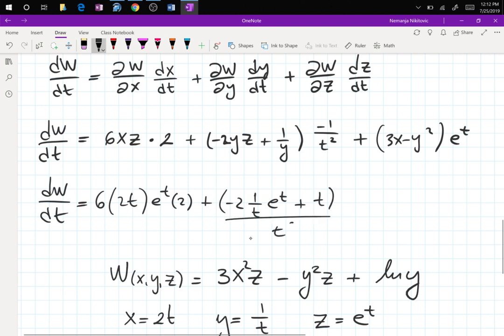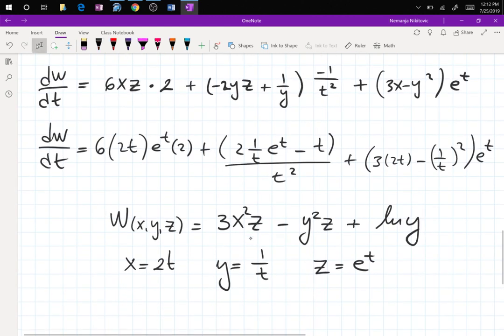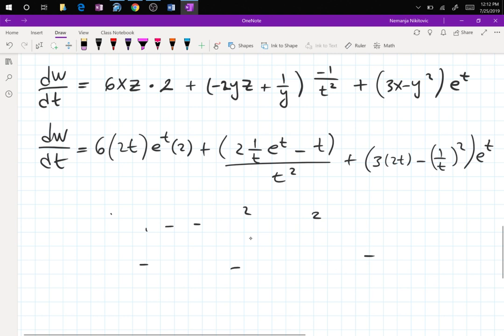Everything divided by t squared, and it's a negative in front. Actually, negative can just kill the negative there and change this into a minus. That's good. And then plus 3 times x is 2t minus y squared, which is 1 over t squared, times e to the t. There we go. Now I can erase this stuff. Simplify this and we are done.